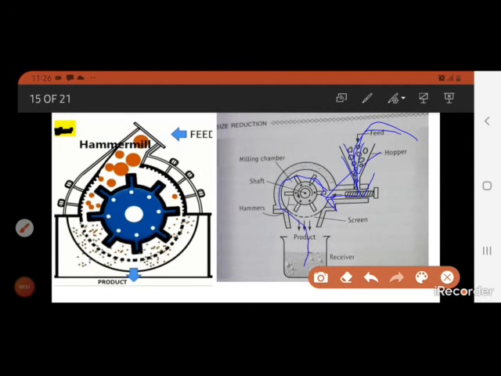The larger particles move slower and hit against the rotating hammer, are converted to small particles, and then enter into the screen. Due to tangential edges, the size of the particle may be smaller than the aperture of the screen.